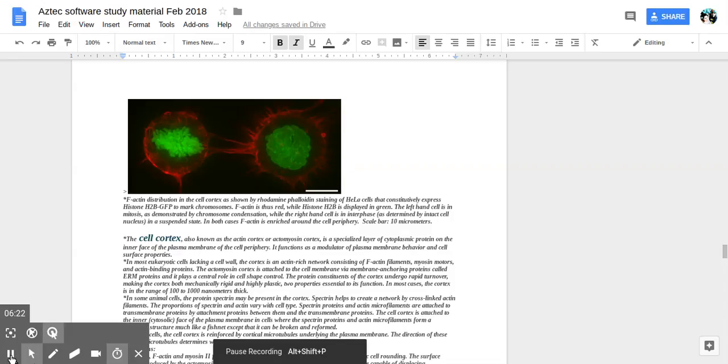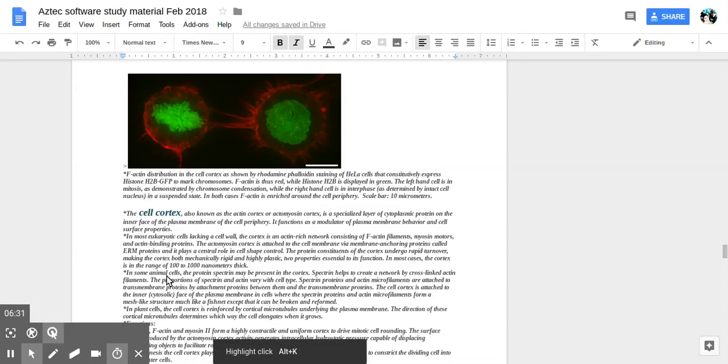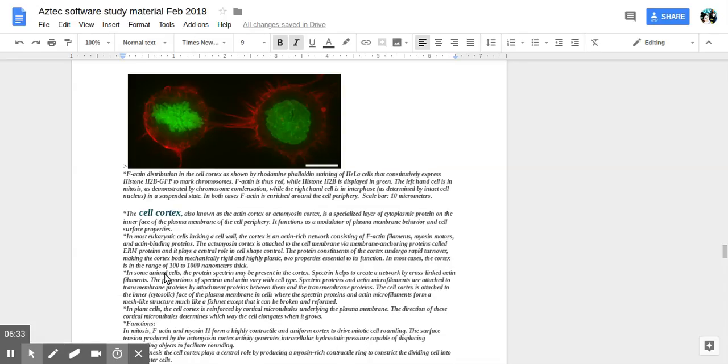It controls the cell membrane's behavior and its surface properties. So the spectrin is found in this cell cortex, as well as the actin and actomyosin.